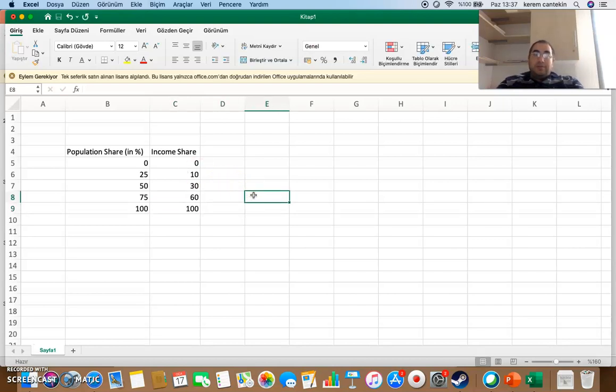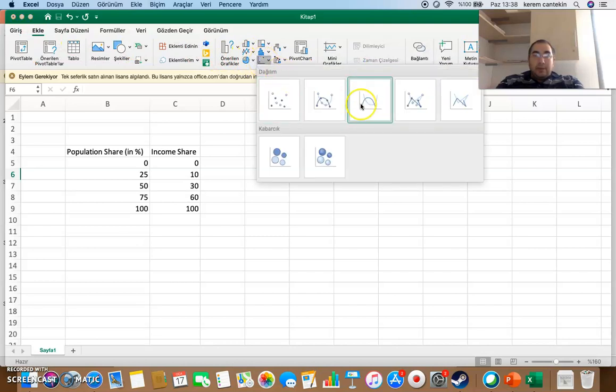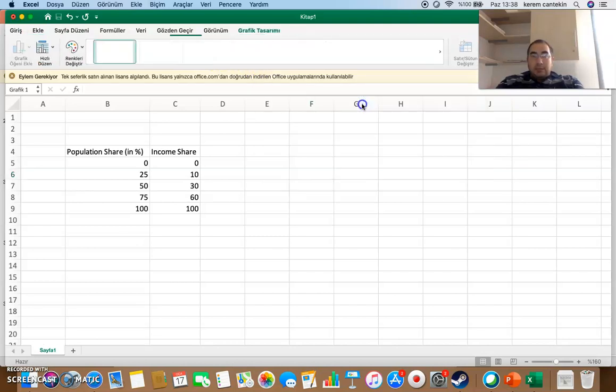So if we want to draw the Lorentz curve, of course, we also want the overall triangle. So we need to, actually we don't need this. Okay, we need to have, let's have this.